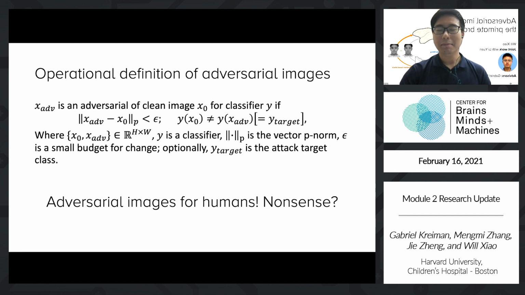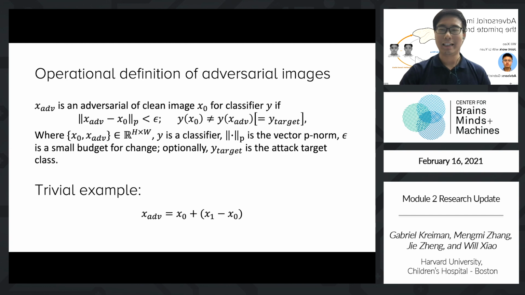Another potentially counterintuitive consequence of this definition is that we can have trivial examples such as this. For example, let's take a clean image from a different class, x1, and construct this image, x0 plus the difference between x1 and x0. This, of course, is just x1 and will be classified differently than x0 by construction.